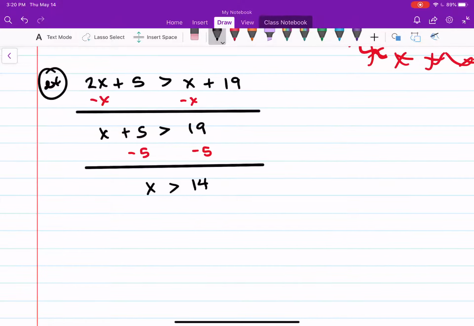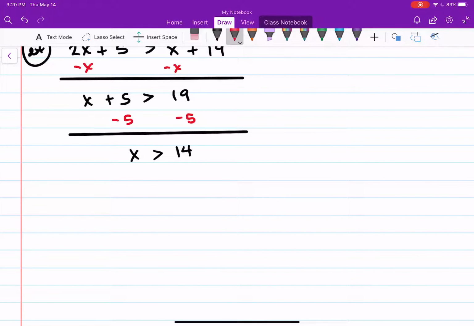Okay? Now, some of you guys are going to get concerned because what if the x was on the right side, right? This is the same as if it was 14 less than x, okay? So if you look at this, it's kind of like the mirror image.